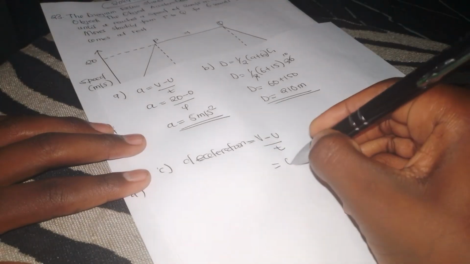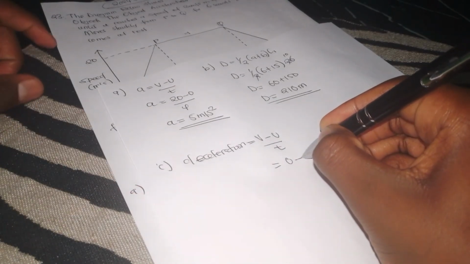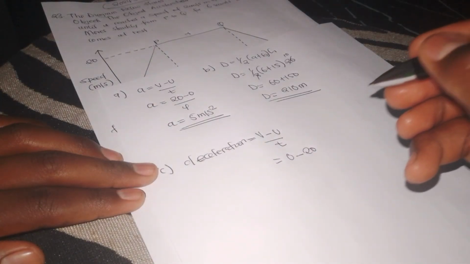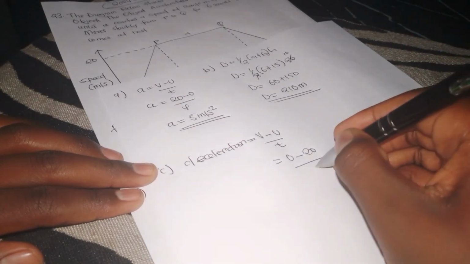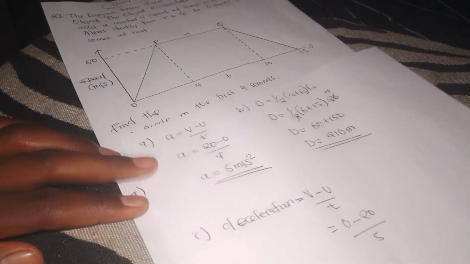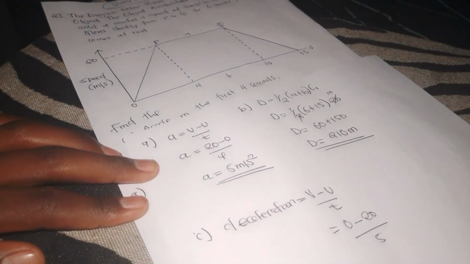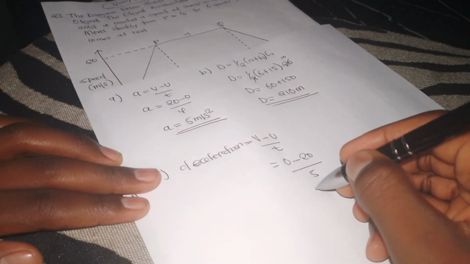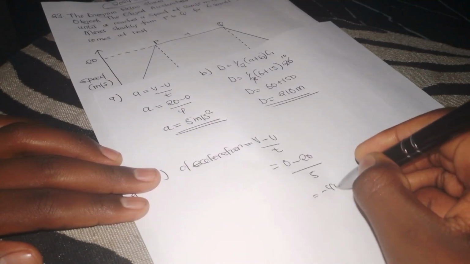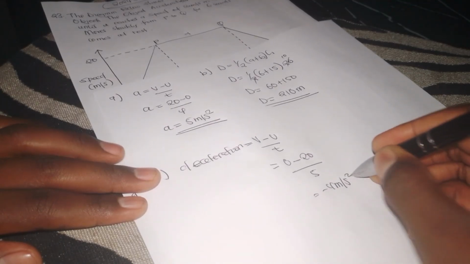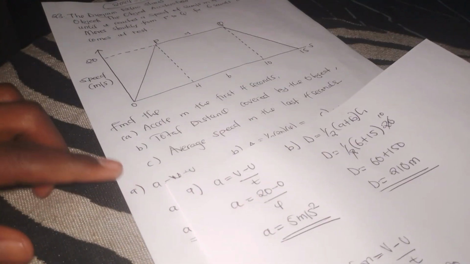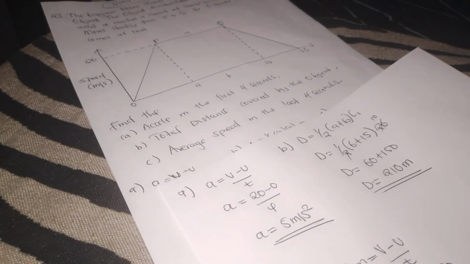So 0 minus our initial, which is 20, divided by 5, because the deceleration took 5 seconds. So 5 into negative 20, we're going to have negative 4 meters per second squared. This is our deceleration. Then let's find our average speed in the last 4 seconds.